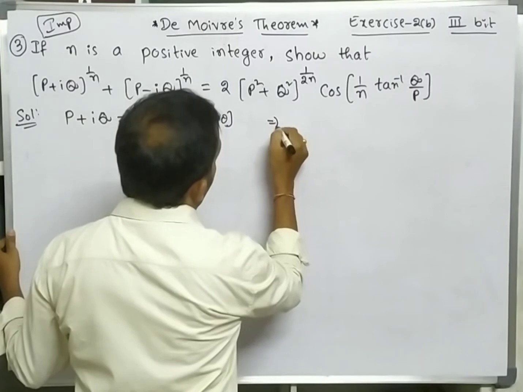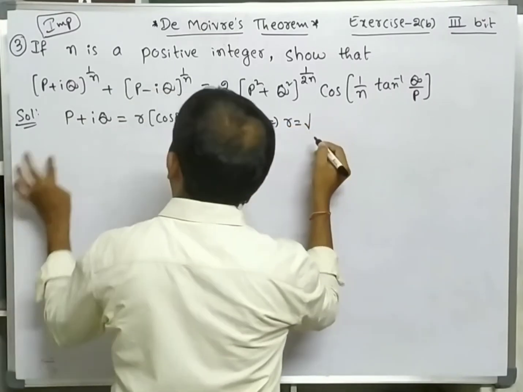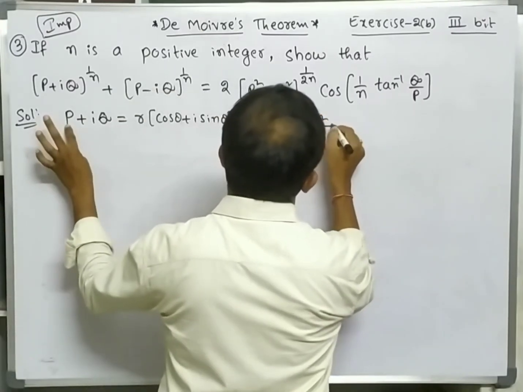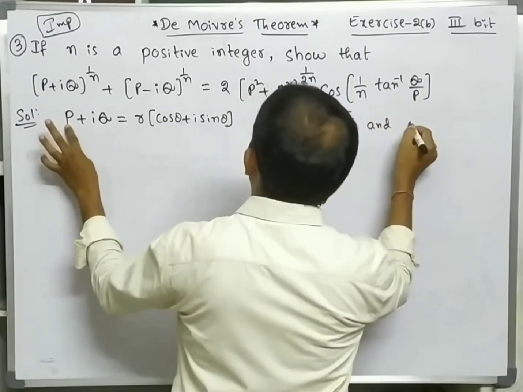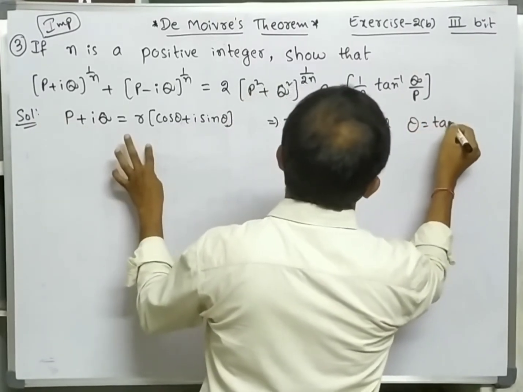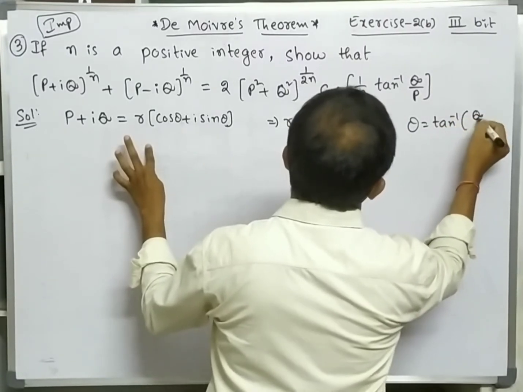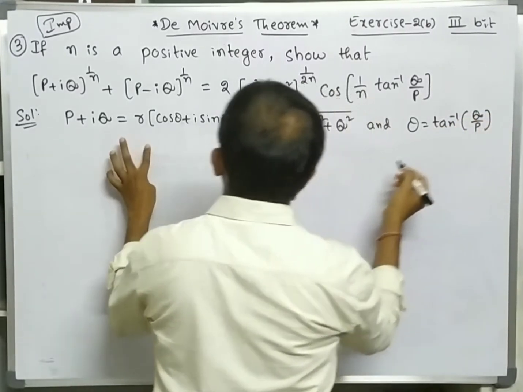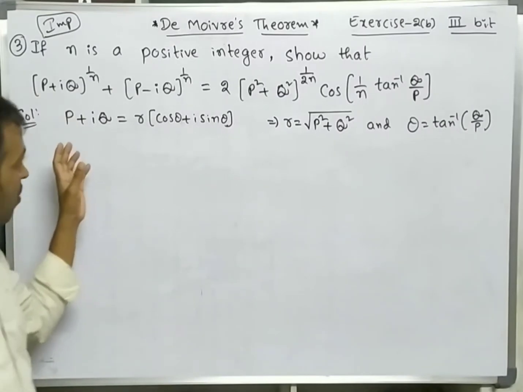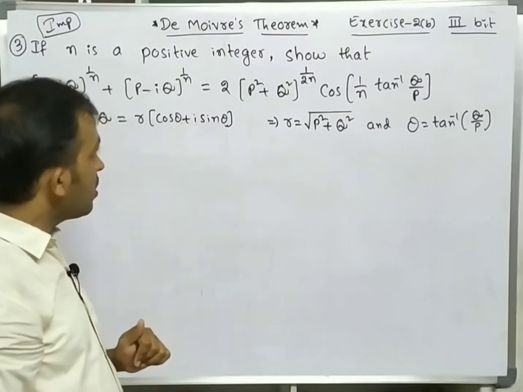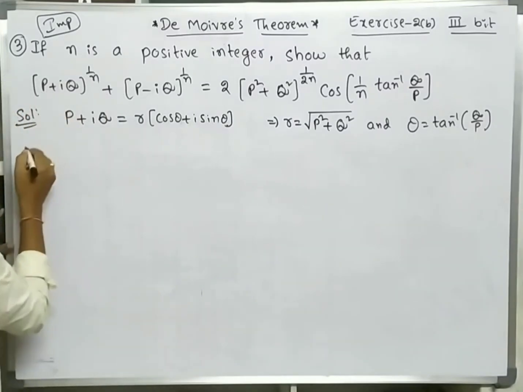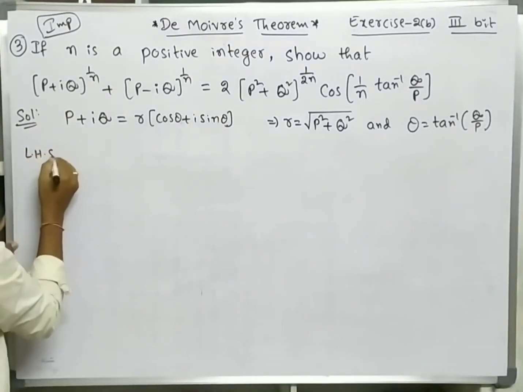So r is equal to the modulus, under root of p square plus q square, and theta is equal to tan inverse of q by p. Okay, so many times we wrote like this, the modulus amplitude form, right?